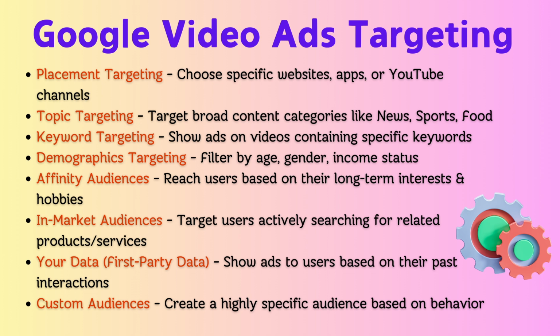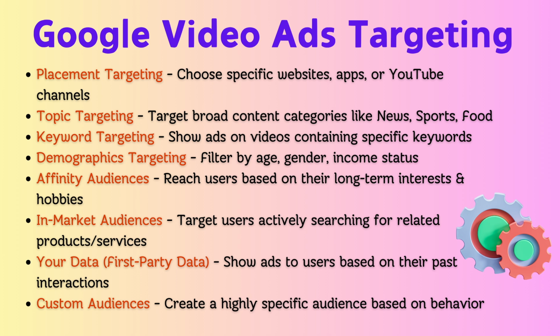Here we show our ads on content containing specific keywords, not only on YouTube but on websites also. If a website has a skincare keyword in the optimized page, then our ad will appear there. So it's related to the content of the web page.